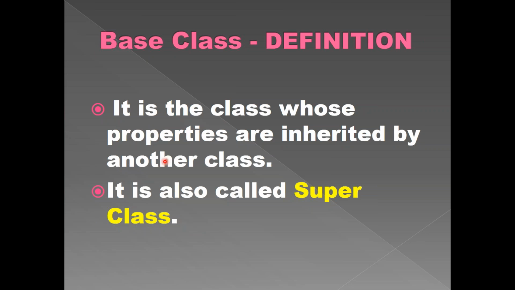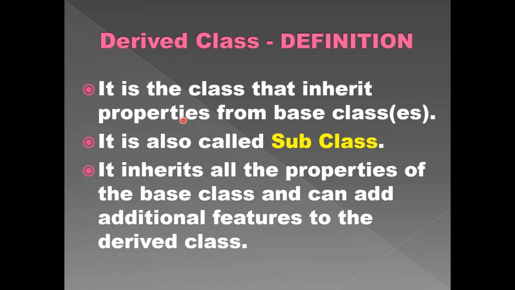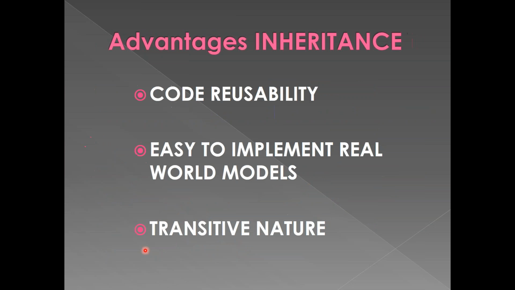You can call this a base class or a parent class or a superclass. These properties can be inherited by any child class. Now the derived class is going to inherit the properties of a parent class. It is the class that inherits the properties from a base class. It is also called a subclass. It inherits all the properties from the base class and can add additional features to the derived class.